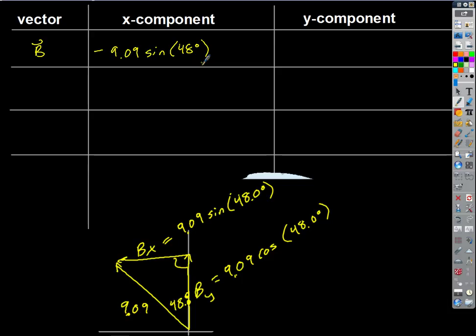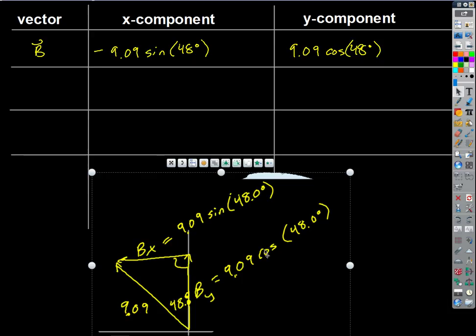What's the Y component going to be? Positive 9.09 cosine 48 degrees, right? Good.